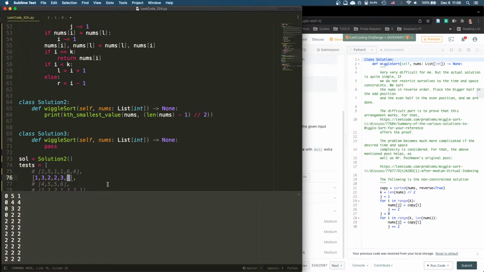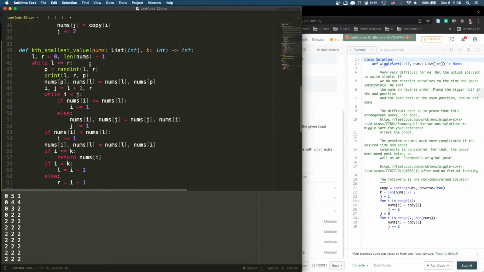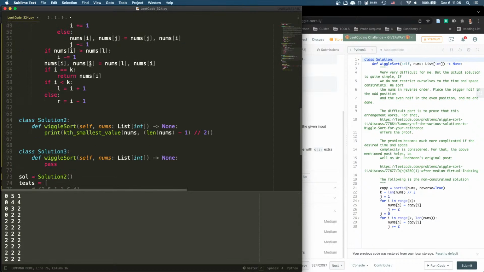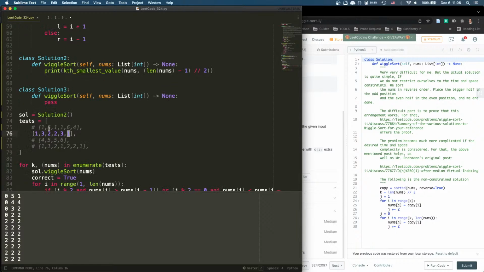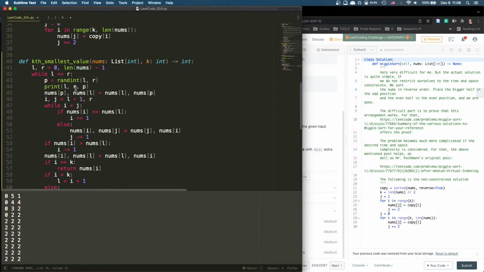So start from 0, 5, and a 1. 1 will be 3. And then that's too big, so 0, 4. Okay, we probably need to print out the nums as well.